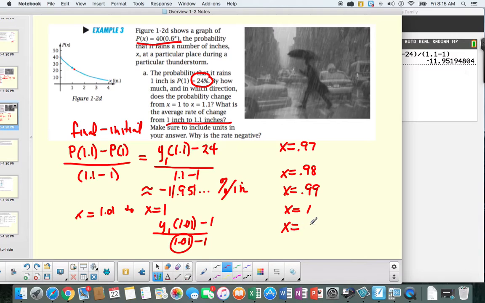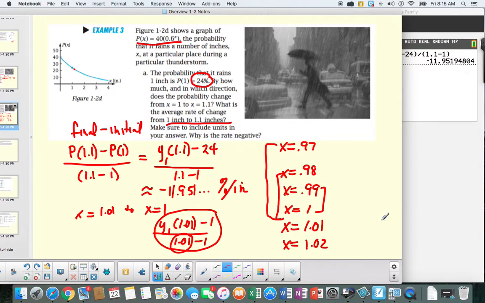And x equal to 1.01, which I just showed you right here, and x equal to 1.02. So we're going to be taking a look at finding the rate of change between these two, between these two, and so on.